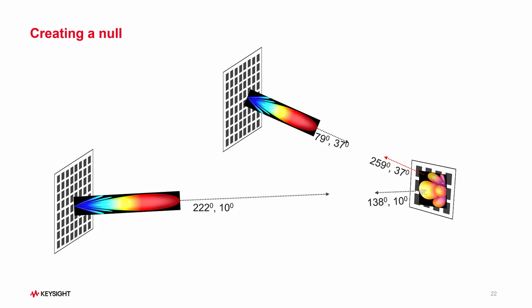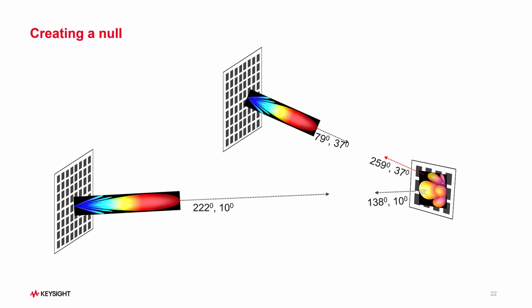It is possible that there is an interference coming in another direction, 79 degrees azimuth and 37 degrees elevation. This is the direction into which a side lobe is looking. So if a side lobe is in the direction of 259 degrees azimuth and 37 degrees elevation, it will be looking into the eye of the interferer.